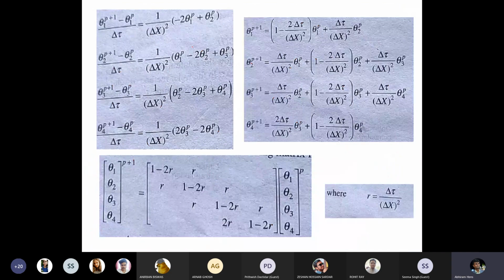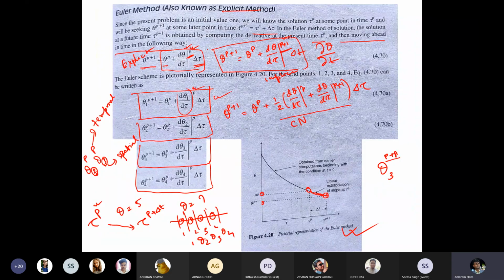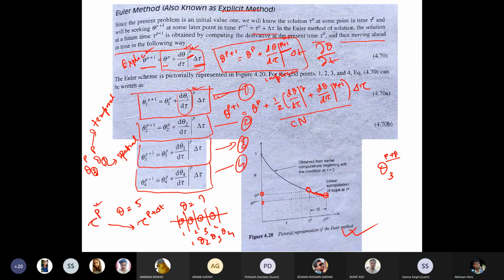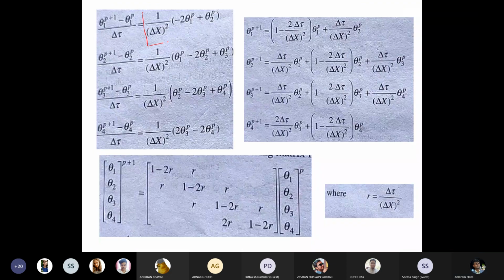So what we are doing: if this is equation number 1, this is equation number 2, this is 3, this is 4, then we can come here and express this part, theta 1 at p plus 1 minus theta at p by delta t, and whatever is remaining in the right hand side, my governing equation that we have already done, we are keeping as it is. This is equation 1.